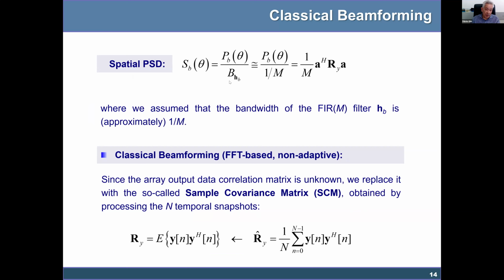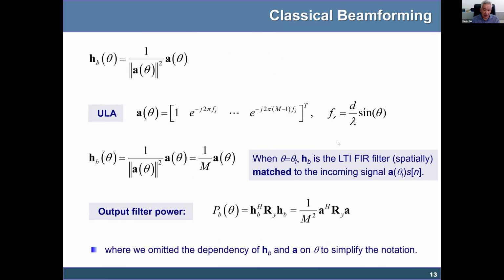Now, the filter is an FIR filter of length m. Roughly speaking, the bandwidth is the reciprocal of the length, 1 over m. And so you multiply this by m, and what you get is this one. So this expression, which is a function of theta, because A depends on theta, so the filter depends on theta, A depends on theta.